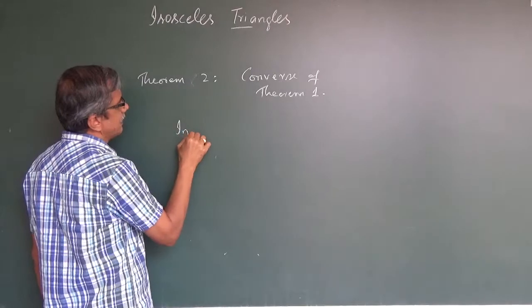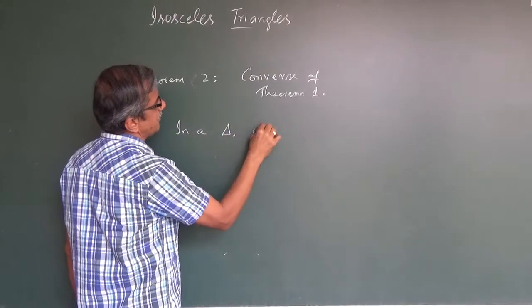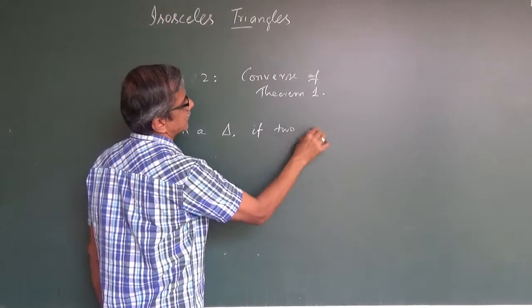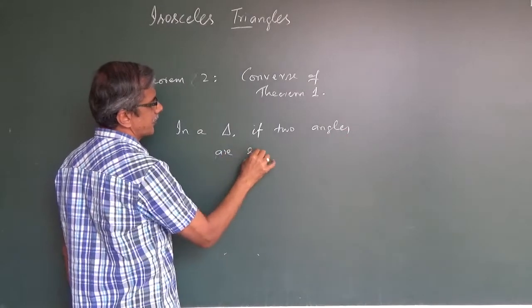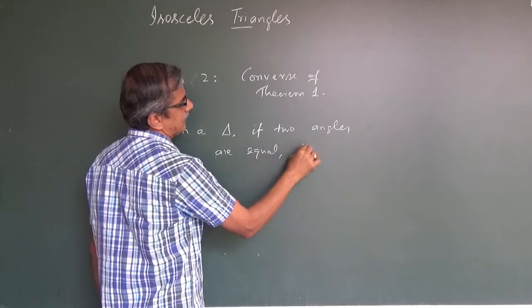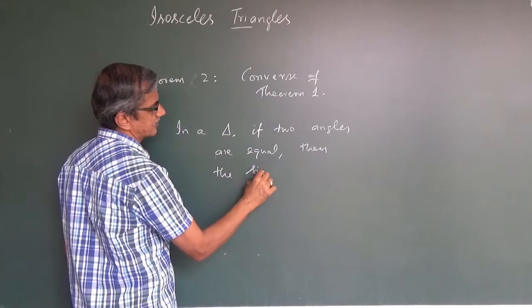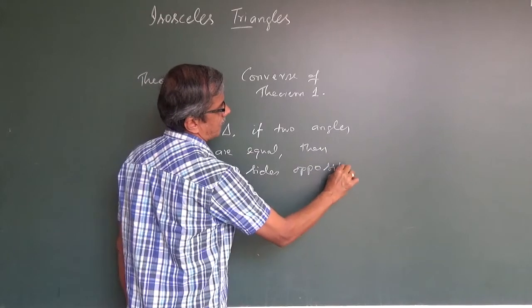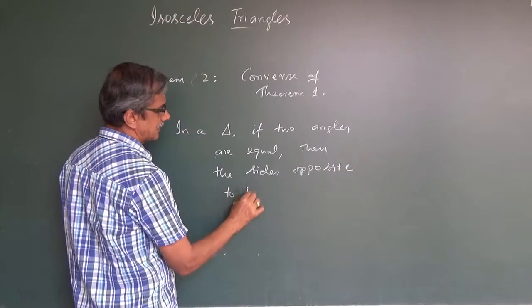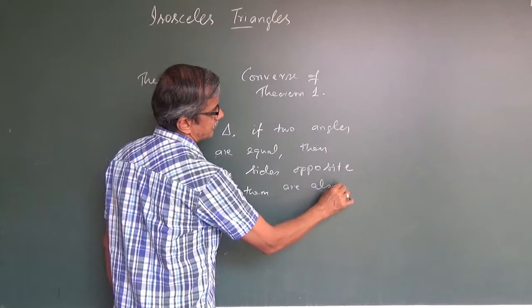In a triangle, if two angles are equal, then the sides opposite to them are also equal.